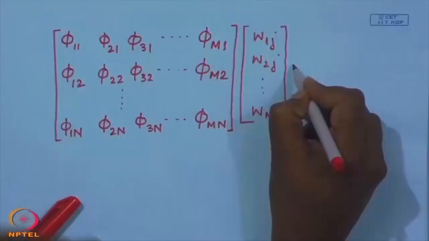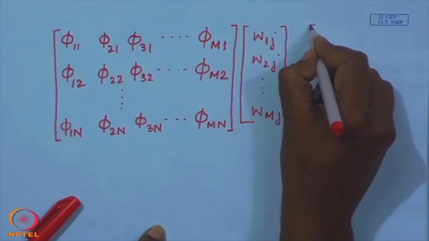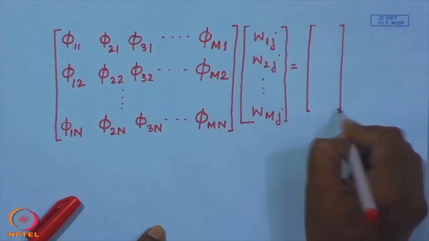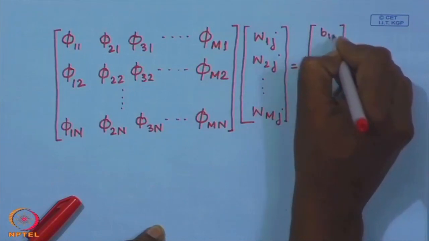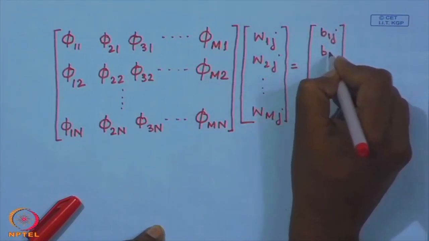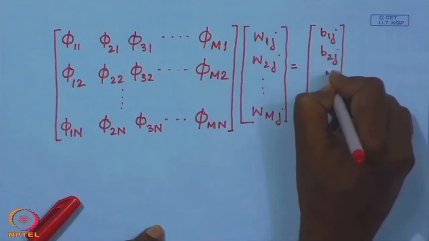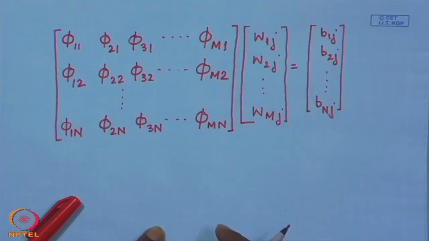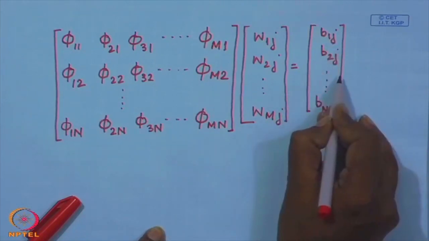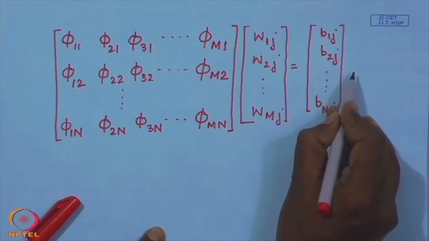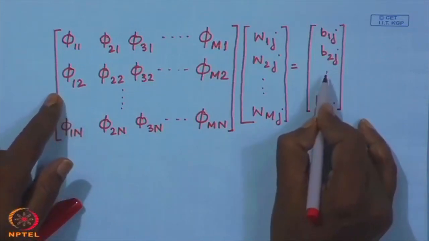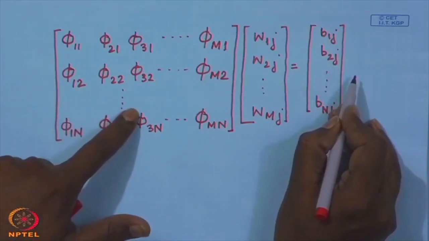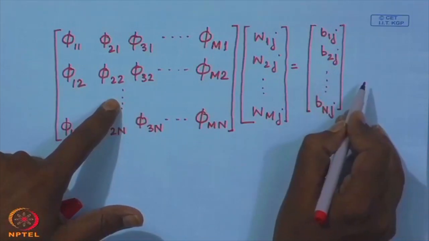Okay. So, this has to be equal to, again I put the output in the form of a vector, B 1j, B 2j up to B nj, where every B I j will be equal to 1 if the corresponding x I belongs to class omega j, and that will be equal to 0 if the corresponding x I does not belong to class omega j.